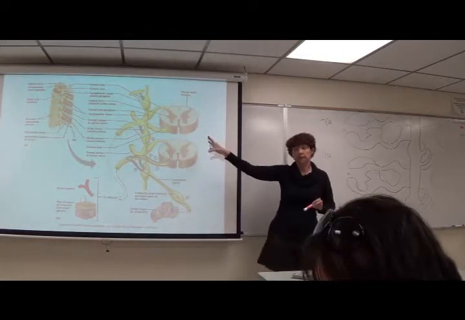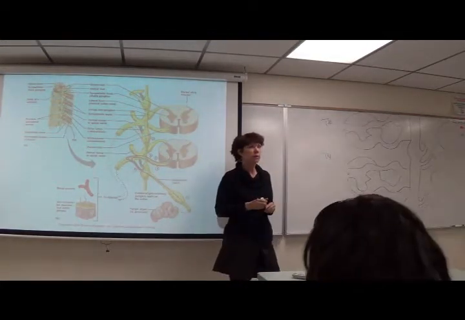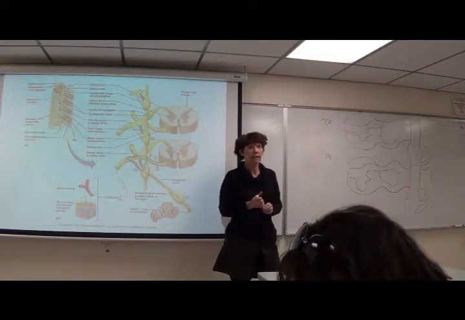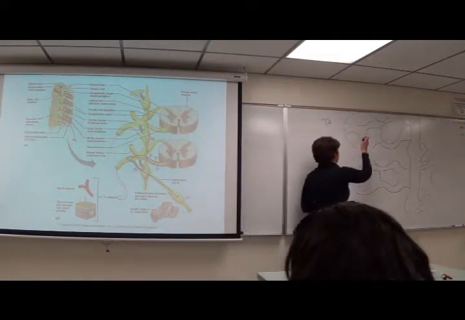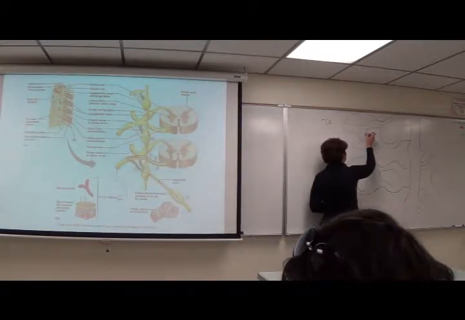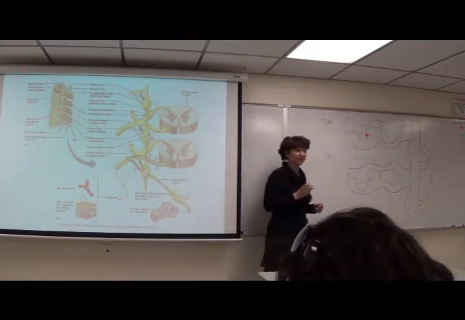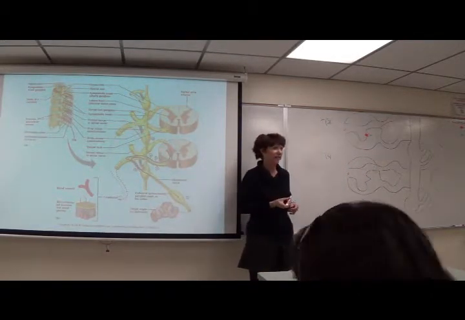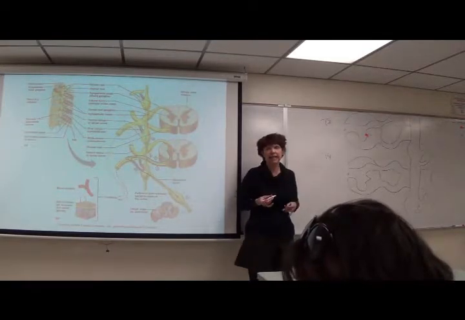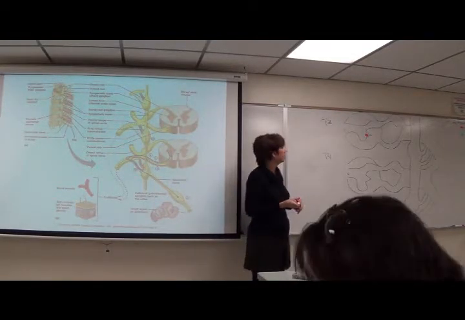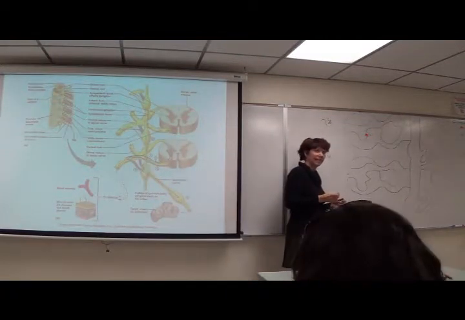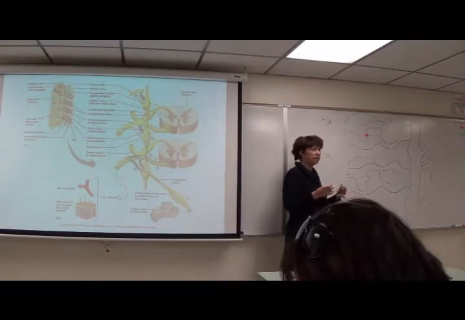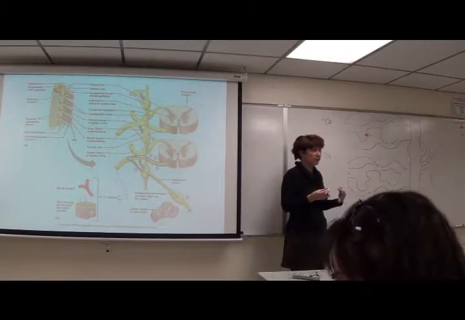So when I drew the sympathetic preganglionic cell body, it is found in the lateral gray horn. That's why we have a lateral gray horn there. It's because we have these preganglionic cell bodies. It's a motor neuron, right? Our preganglionic and postganglionic neurons are always motor.